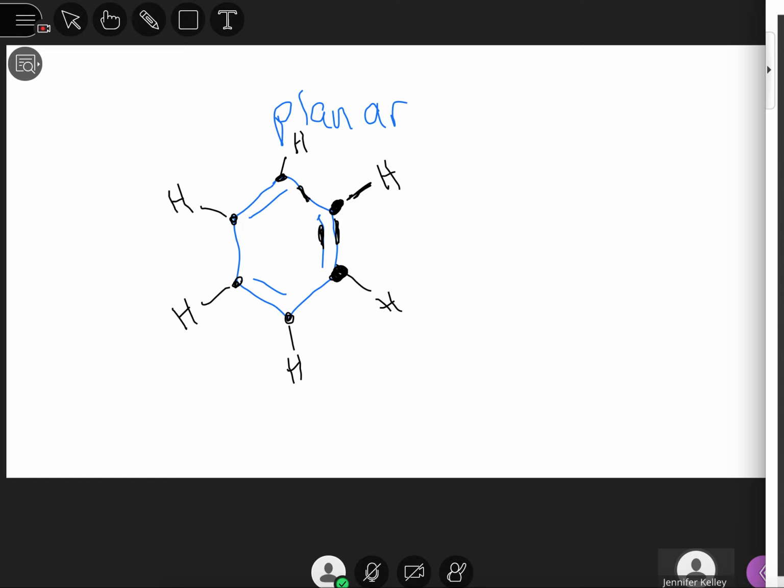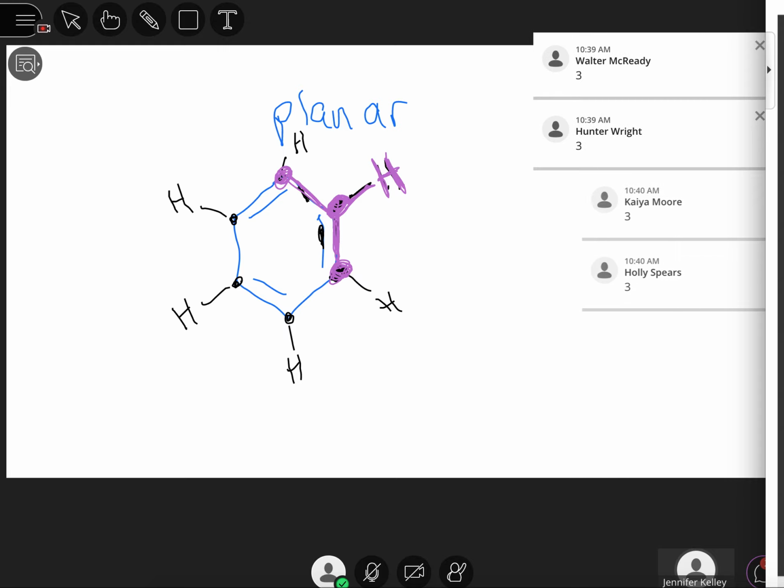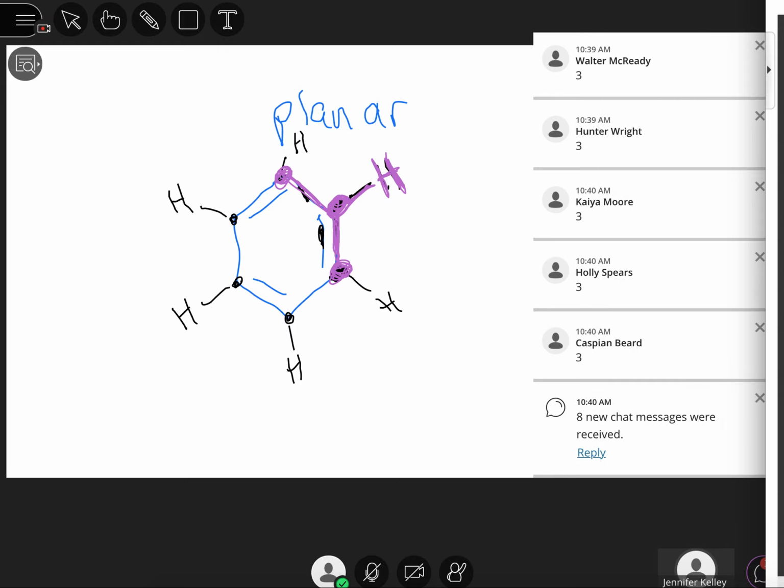So if it's connected to 3 things, so we're looking at what this is connected to. It's connected to this carbon, it's connected to this carbon, and it's connected to this hydrogen. So how many things is it connected to? 3, correct.